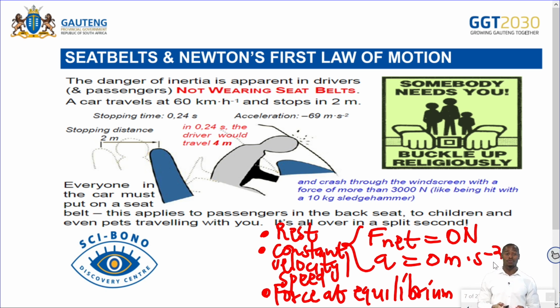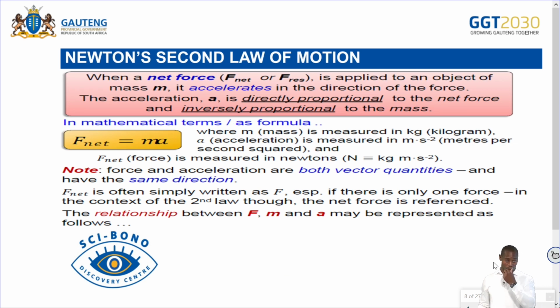To show us that we are talking about a force, to show us that we are talking about the acceleration, give us the correct SI units, even if the magnitude is 0, right? Then make sure that you give the correct SI unit. So for Newton's first law: object is stationary, constant velocity, forces at equilibrium, F net is 0 newtons, and then acceleration of that object will be 0 meters per second squared.